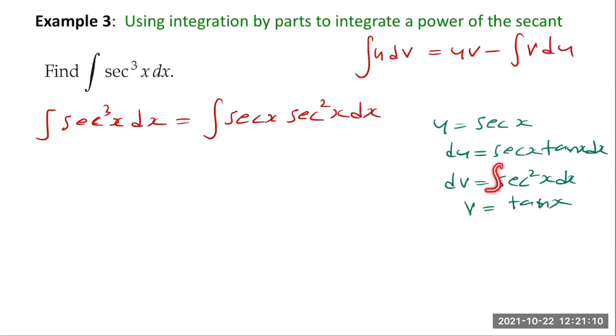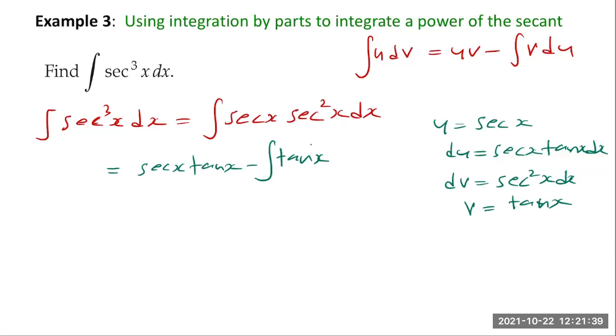Now I have everything to go with this integration by parts formula. This is equal to uv, that is secant x times tan x, minus integration v du. My v is tan x, my du is secant x tan x dx.